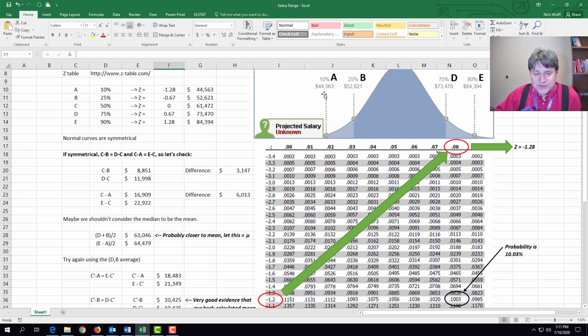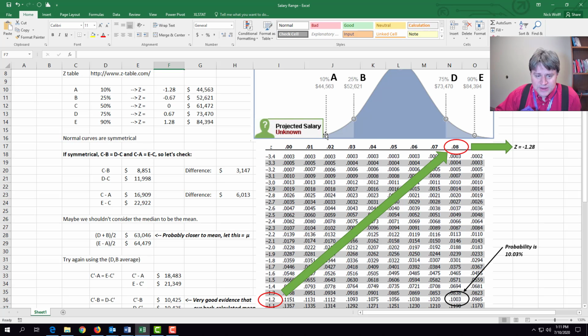Now here, as you can see up on this curve, at the 10% salary level is this dollar amount, and that 10% is a measure of the tail. It's hidden behind this thing here, but it's this probability under that tail of the graph.